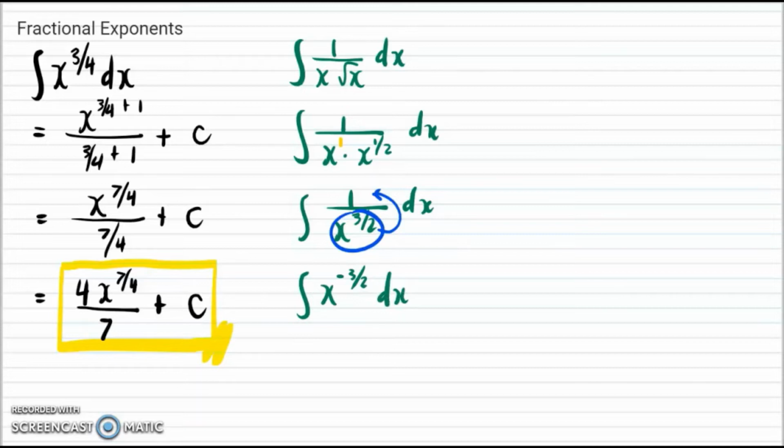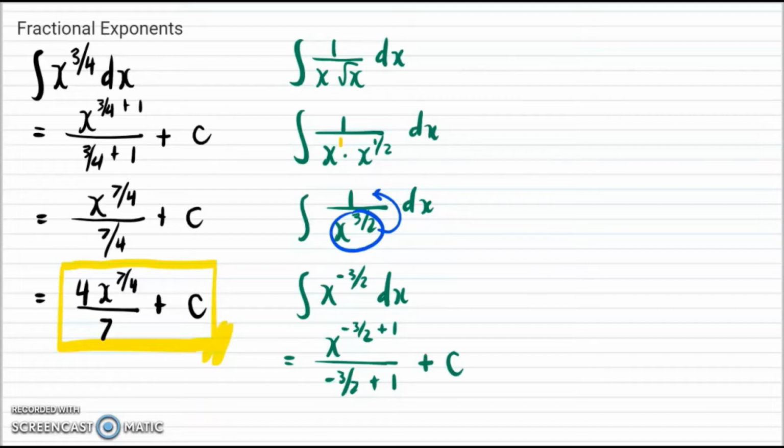Now it's easier to integrate, right? We can now apply the power rule. We have x raised to negative 3/2 plus 1 still over negative 3/2 plus 1, plus c.